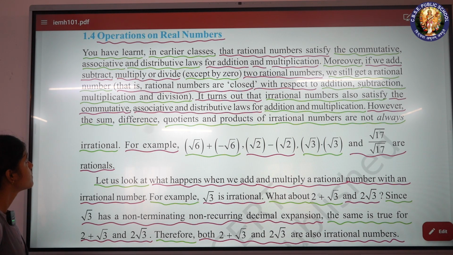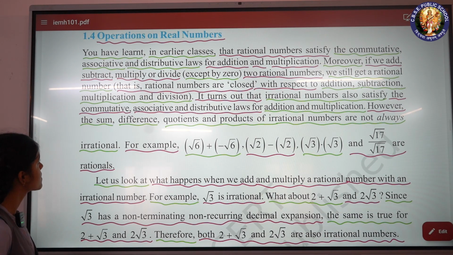1.4 Operation on real numbers. You have learnt in earlier classes that rational numbers satisfy the commutative, associative and distributive laws for addition and multiplication.